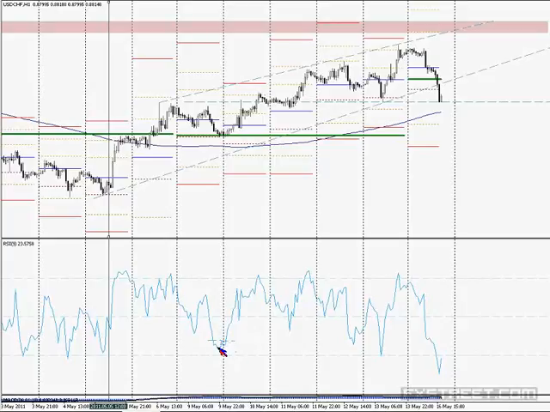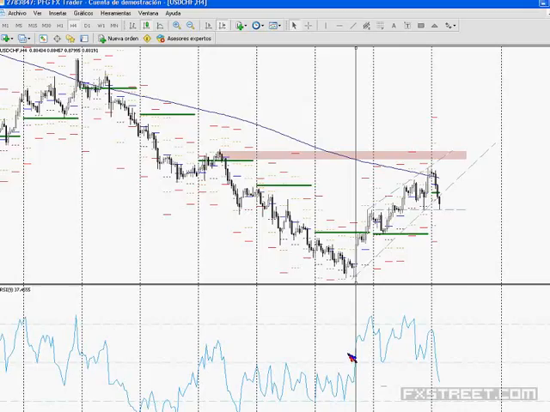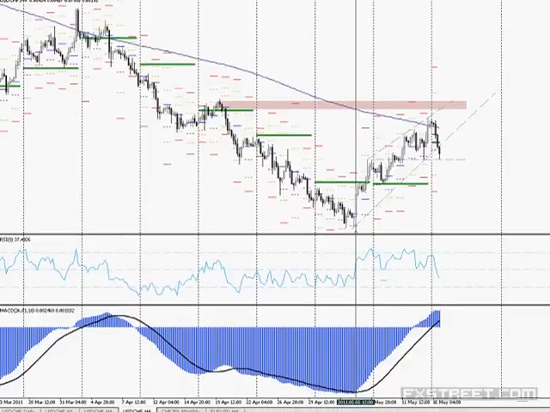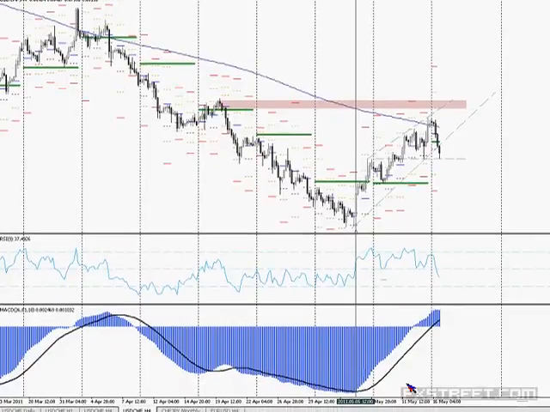Okay. By the way, a swing failure is like a divergence. It's a small pattern that we may... we were explaining here the use of two oscillators.